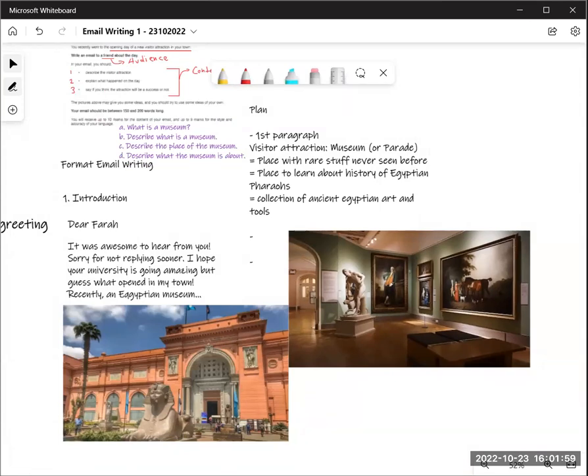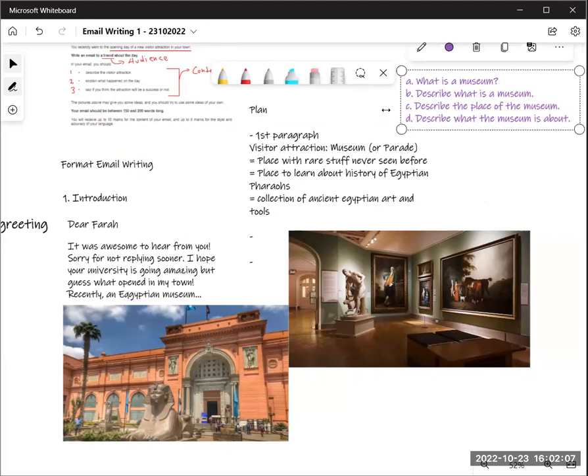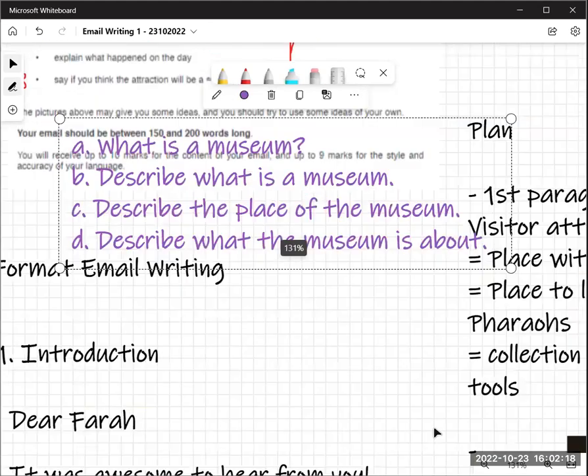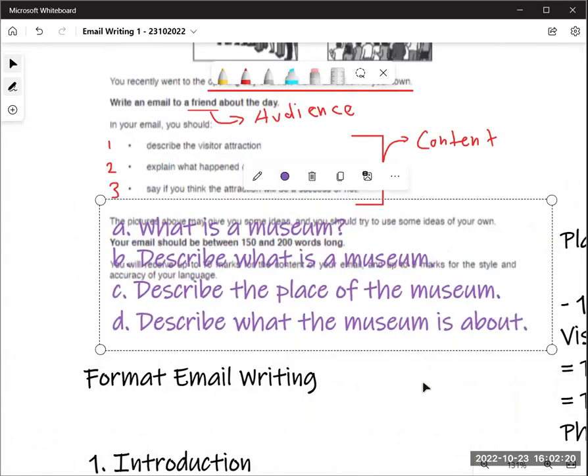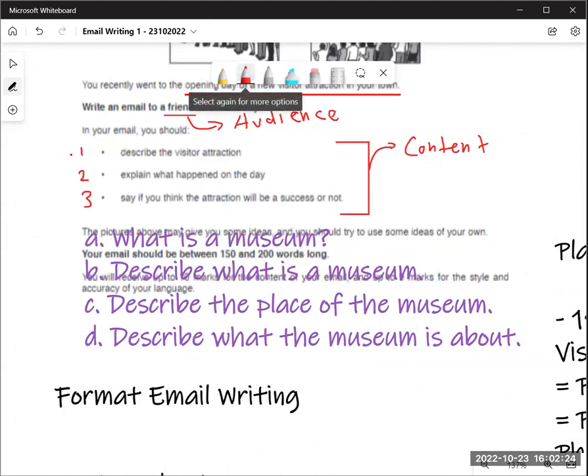Those who have not answered the question, choose an option and write in the chat. What was the correct answer? I'll tell you. Niranjana, all you have to do is choose A, B, C, or D. What do you think the question is asking you in the first bullet point?